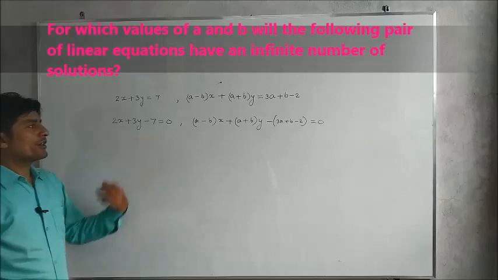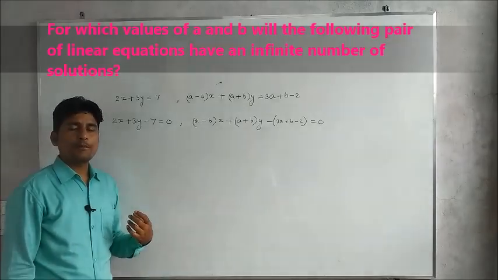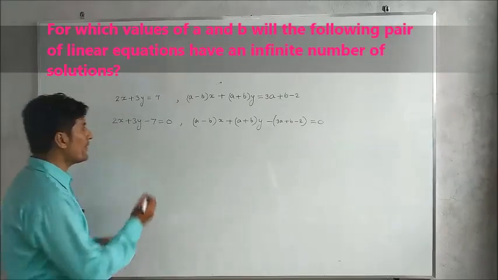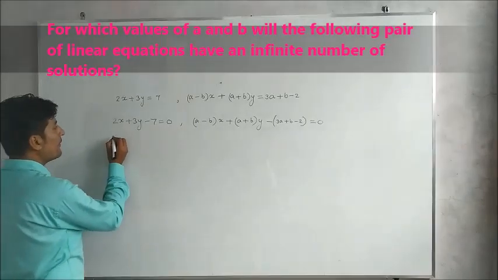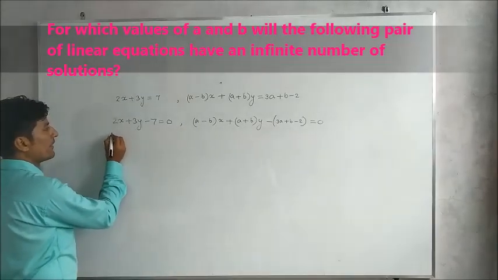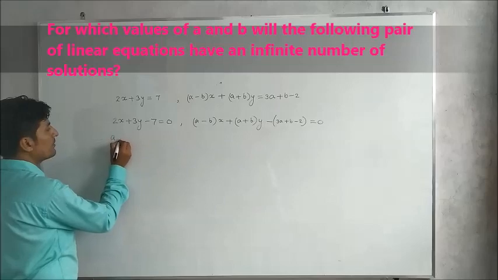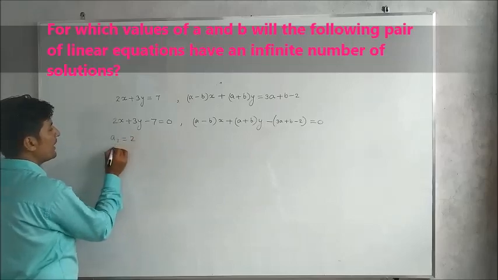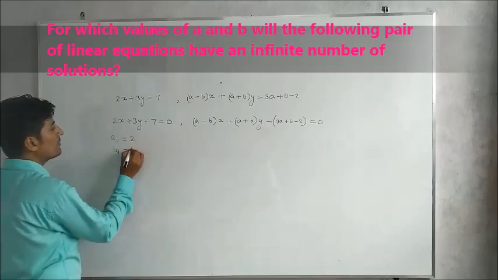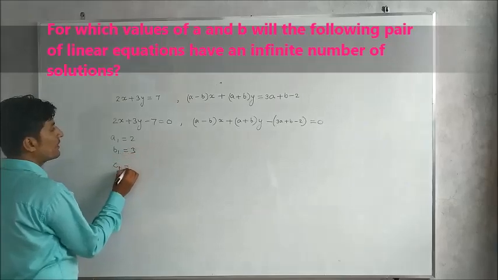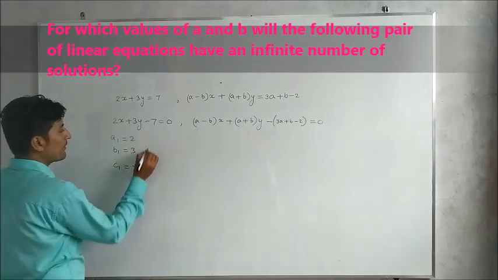So we have written the equation in the form of ax plus by plus c equals 0. After that, we have to find the value of a1. Here the value of a1 is equal to 2, while b1 equals 3, c1 equals minus 7.